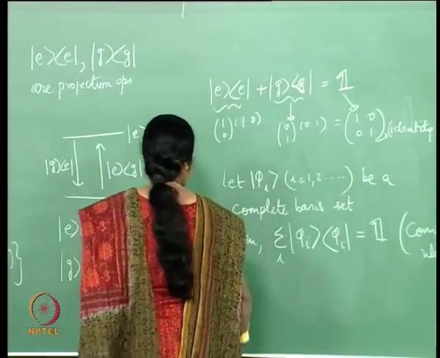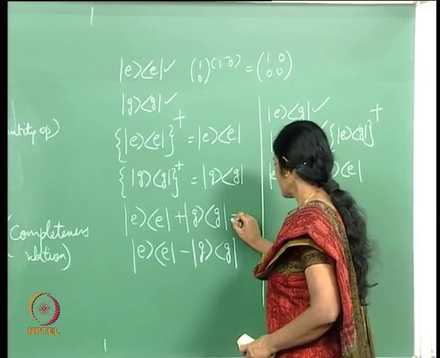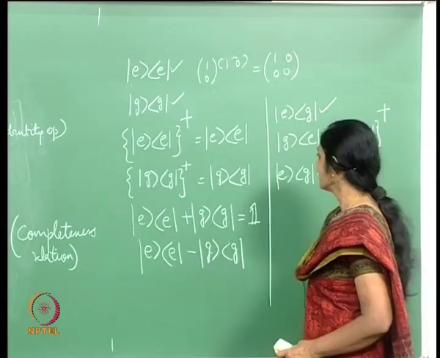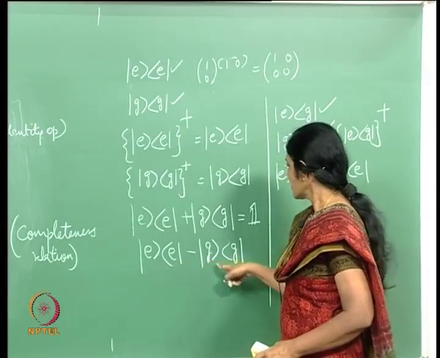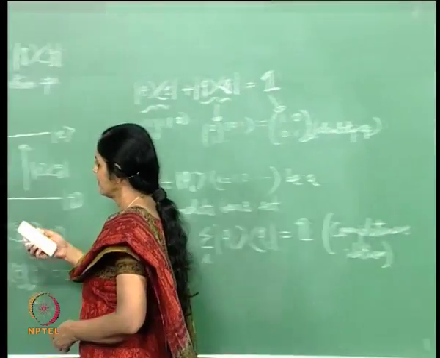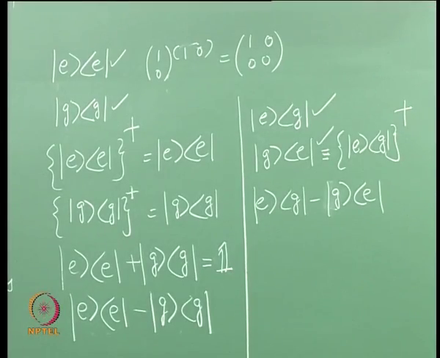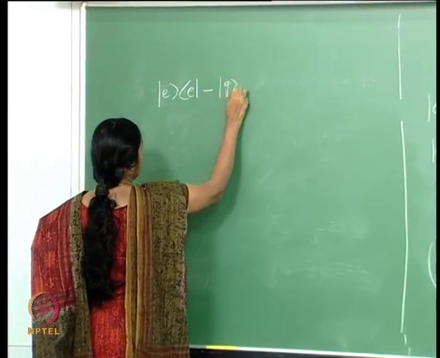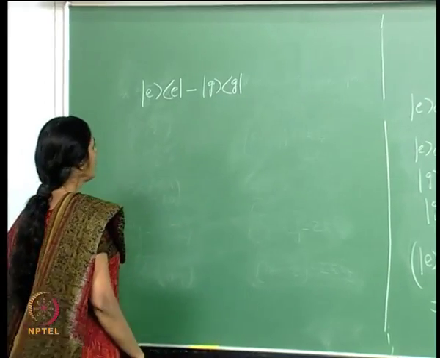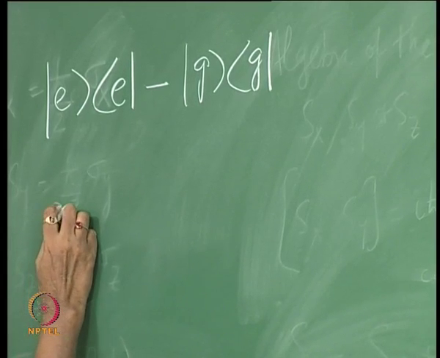Now let's proceed and see what the other operators mean. So we know what this operator is. This operator is merely the identity operator. Now let us consider this operator, |e><e| minus |g><g|, and I wish to know what it is. Already I know what S plus and S minus are.